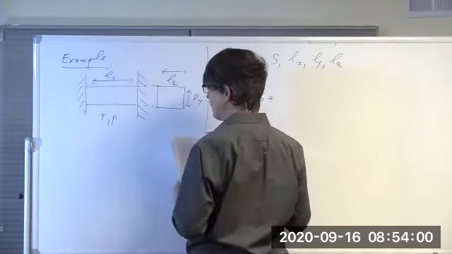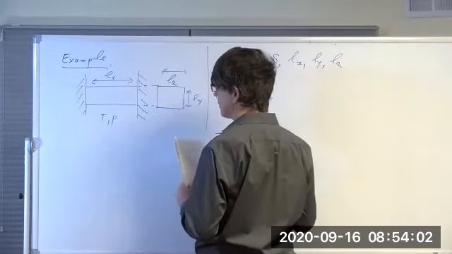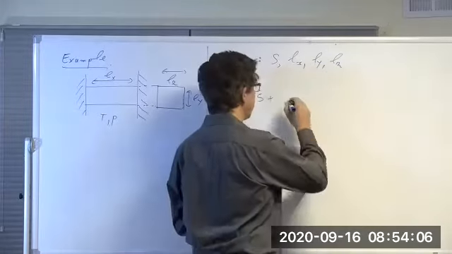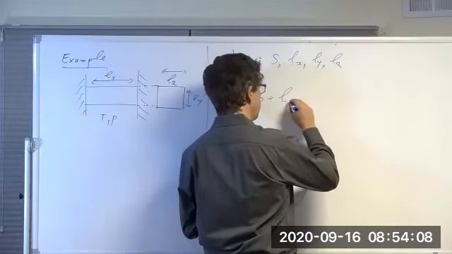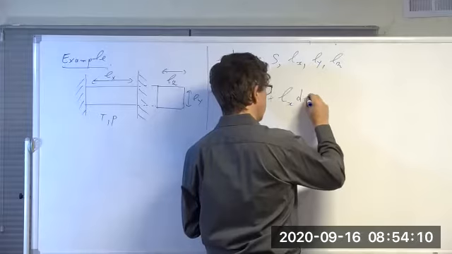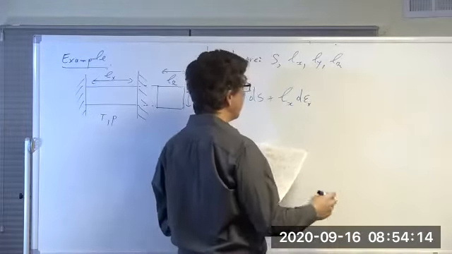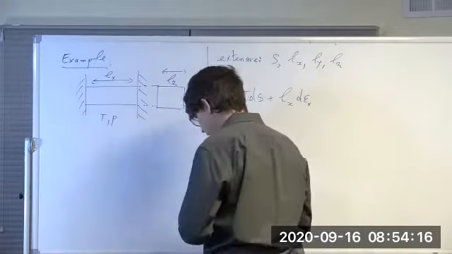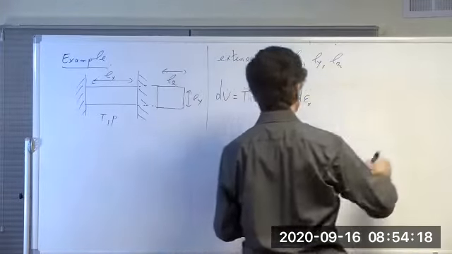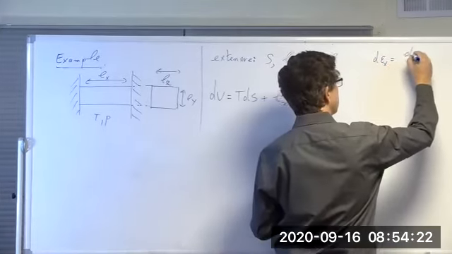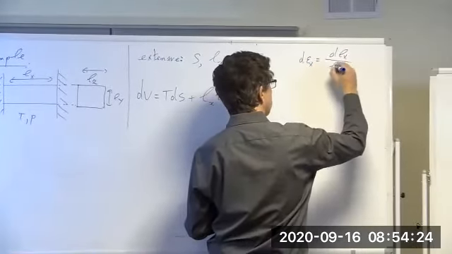I'm not making any statements yet about the actual boundary conditions. I'm just writing down the general term. So this would be Lx d epsilon x, the normal strain, because of the way I defined it: the differential of strain is the differential of length normalized by the length.